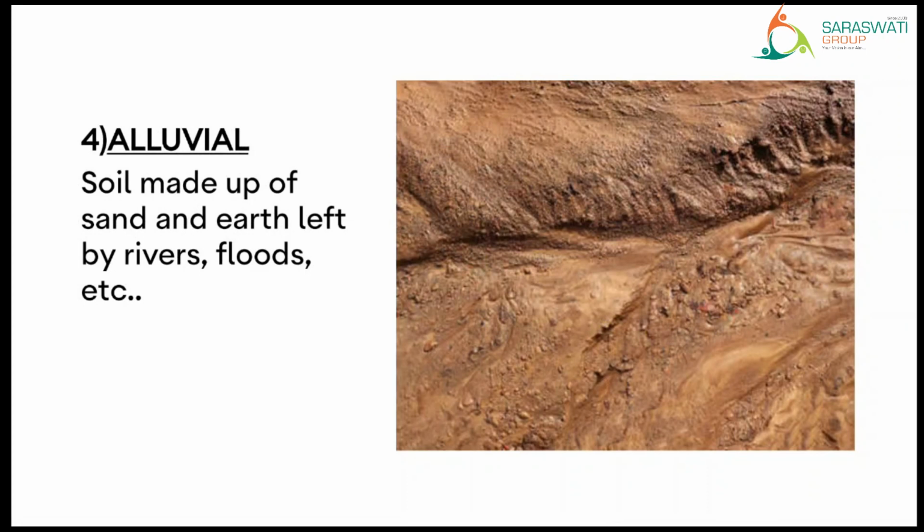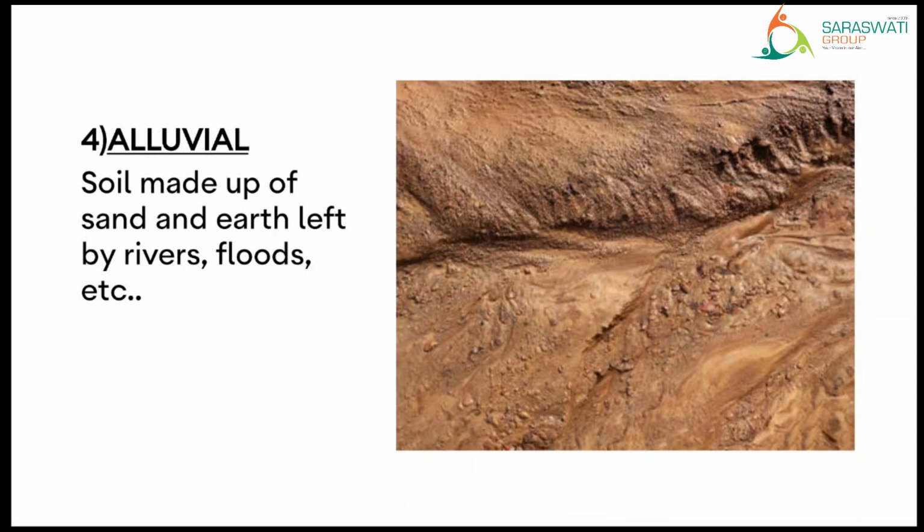When the water flows, it carries dust particles, and when the water is drained, the sand particles or dust particles get deposited on the land. This soil is called alluvial, means soil made up of sand and the earth left by the rivers, floods, etc.